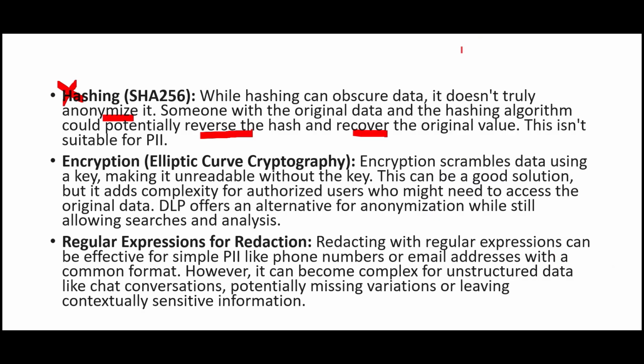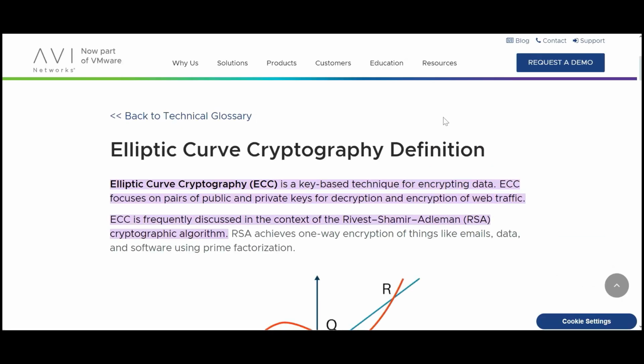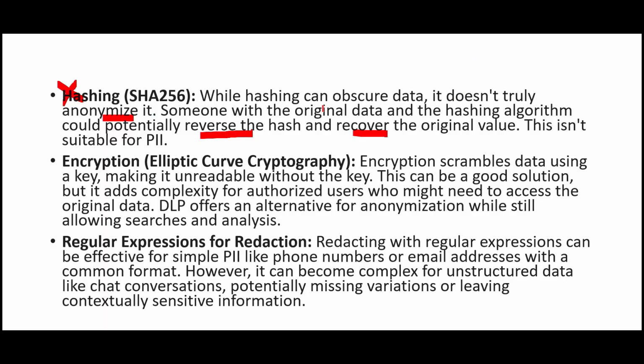So then if we talk about elliptic curve cryptography, this option B, this is relatively better. So it is a key based technique. See, it scrambles data using key. So if you don't have the key, you cannot read it.